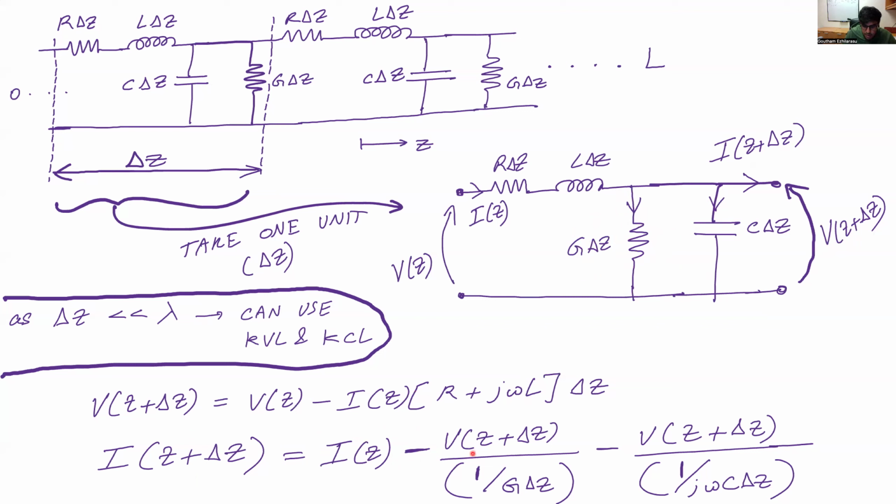So I of z minus V of z plus delta z over 1 over G delta z, minus the current through the shunt capacitor here, which is V of z plus delta z over 1 over j omega C delta z. Because again, this is a capacitance in shunt, and therefore its impedance is going to be 1 over j omega C.